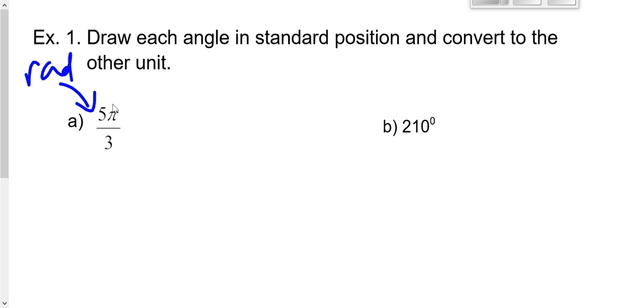So now, if this is the angle in radians, that means we have to convert that into degrees. Before that, let's sketch this here. Well, let's do the calculation first because we don't know how wide or how narrow this angle is. So now we all know that we would be multiplying it by the factor, pi is 180 degrees. If you want, you can do 2 pi is 360 degrees.